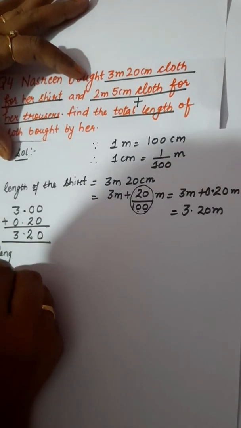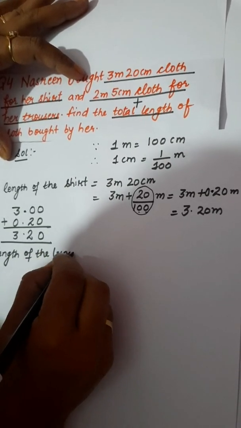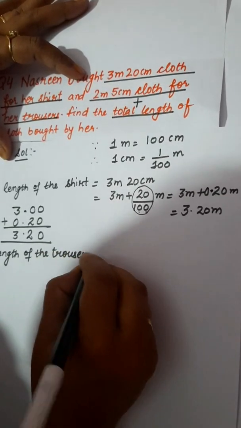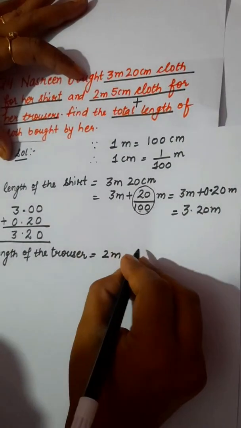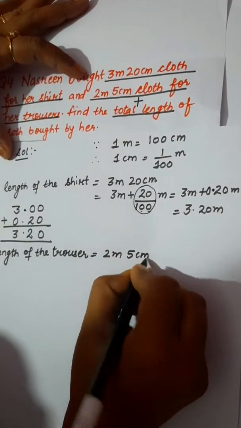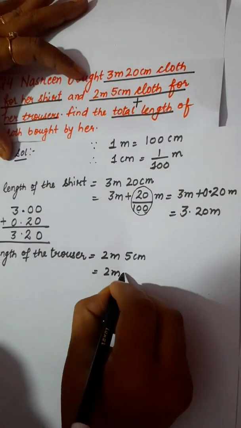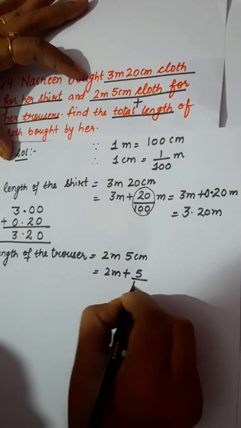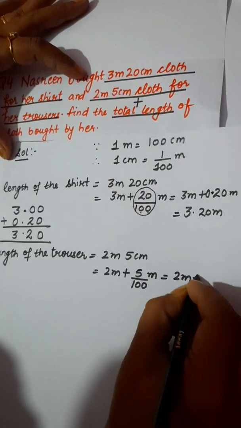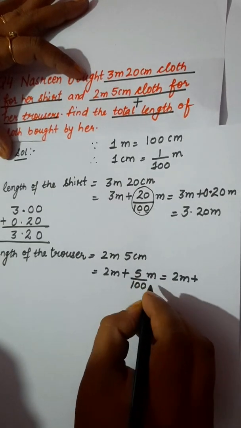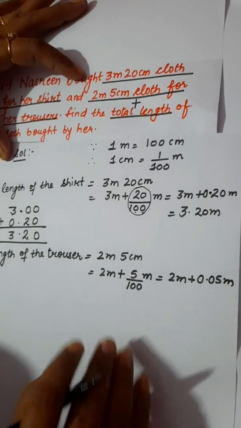Now next we have the length of the trouser. Length of the trouser is 2 meter 5 centimeter. This 2 meter is as it is, and 5 centimeter can be written as 5 upon 100 meter. Expressing 5 upon 100 as a decimal, I will write 0.05 meter.